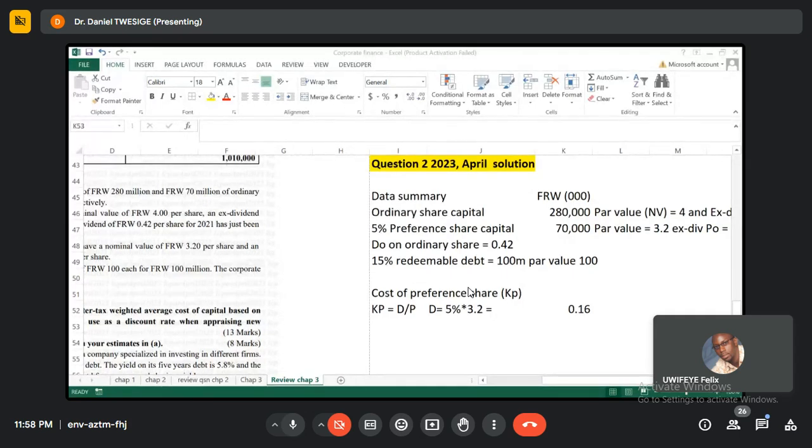I think it is this one, Question 2. Yeah, there is information I didn't copy.